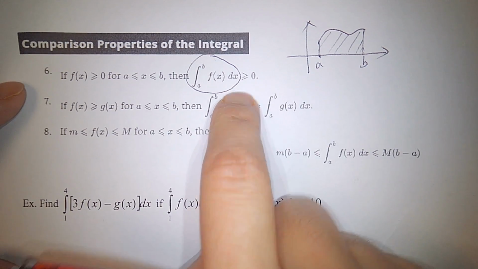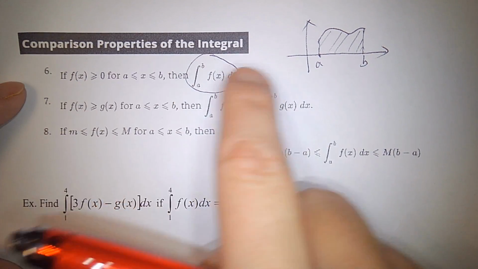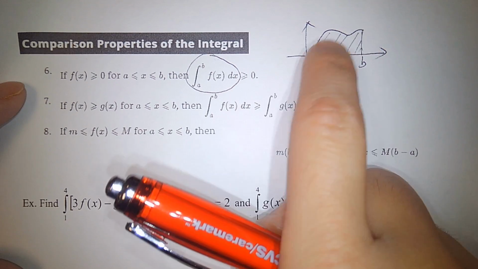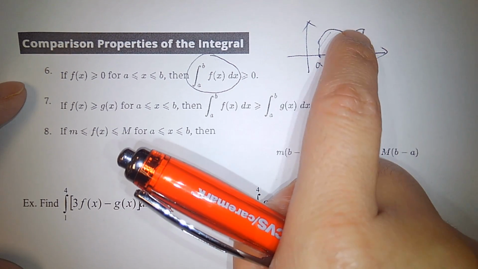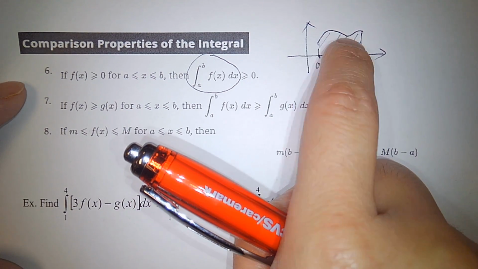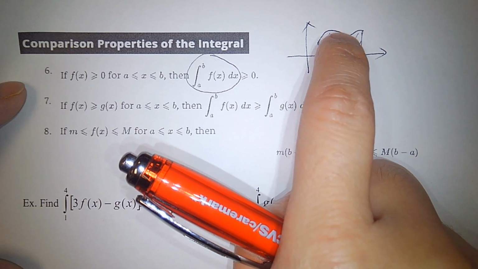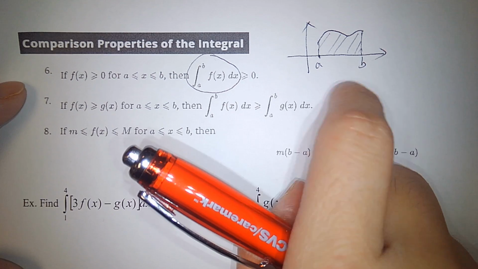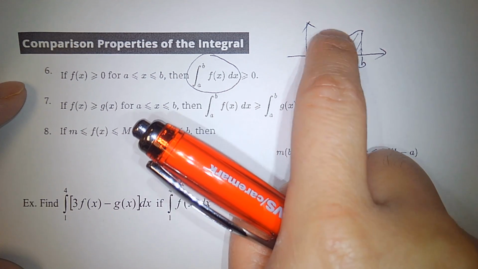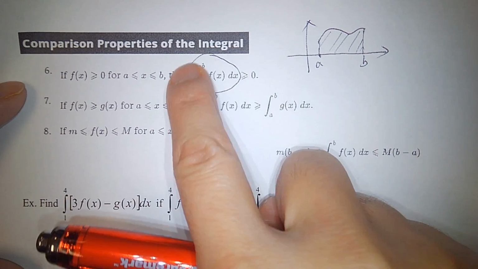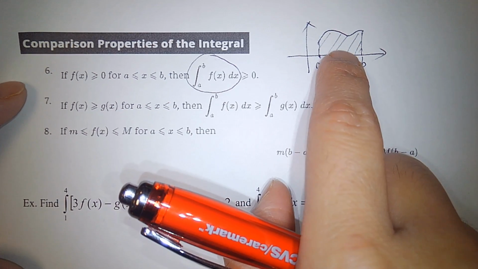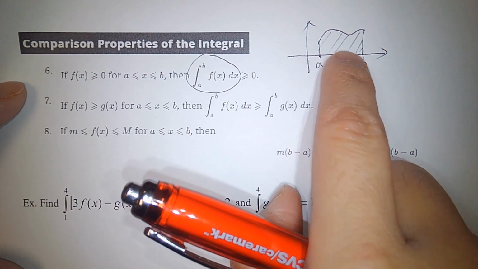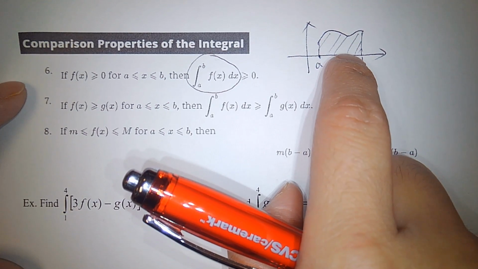That makes sense, right? If the function is always above the x-axis, then the area of this region is always greater than or equal to 0, because there's no negative f. F is always positive, and the definite integral will give us an area, so the area is of course greater than or equal to 0.